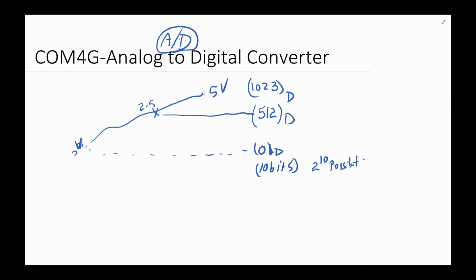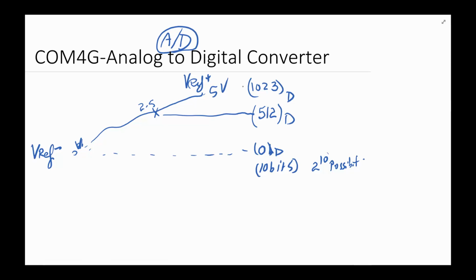In our case, the PIC micro has 10 bits available, so the possibilities are 0 to 1024, and you can decide what your V reference minus and V reference positive are, the lower and upper range, and then the 1024 will be divided accordingly.